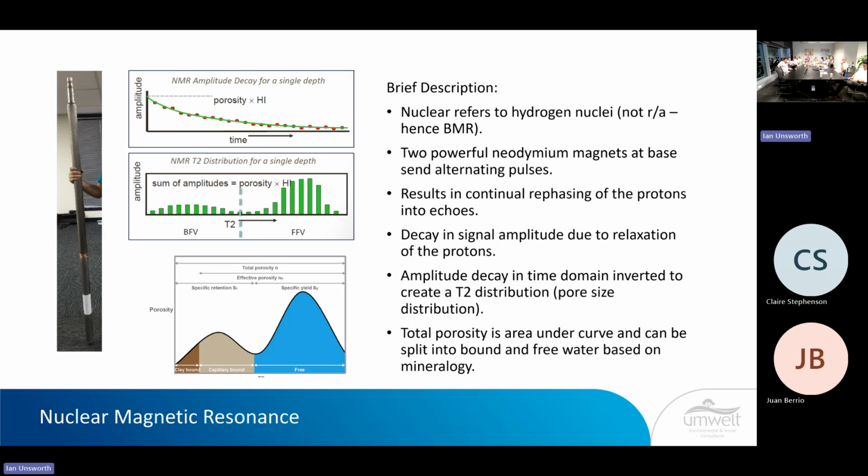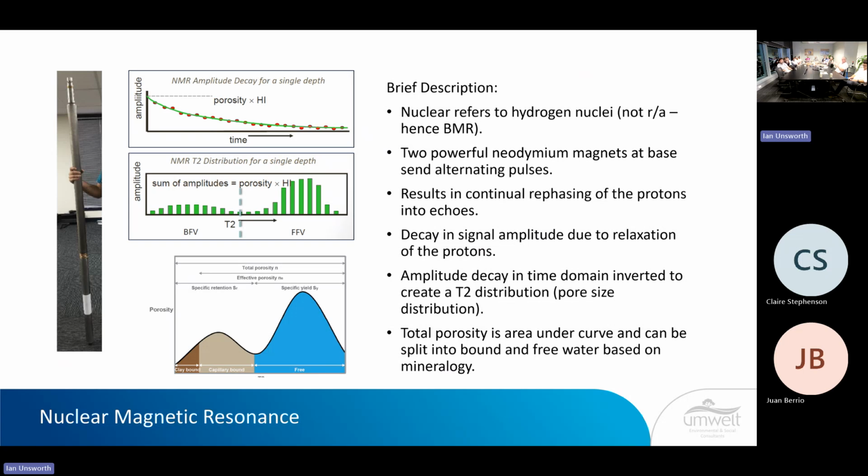And then that gets inverted to the middle image. So the amplitude on the right side is free fluid volume, FFV, and on the left side is the bound fluid volume. So you can differentiate between the fluid that's free and what's bound. The total of the amplitudes is the total porosity.